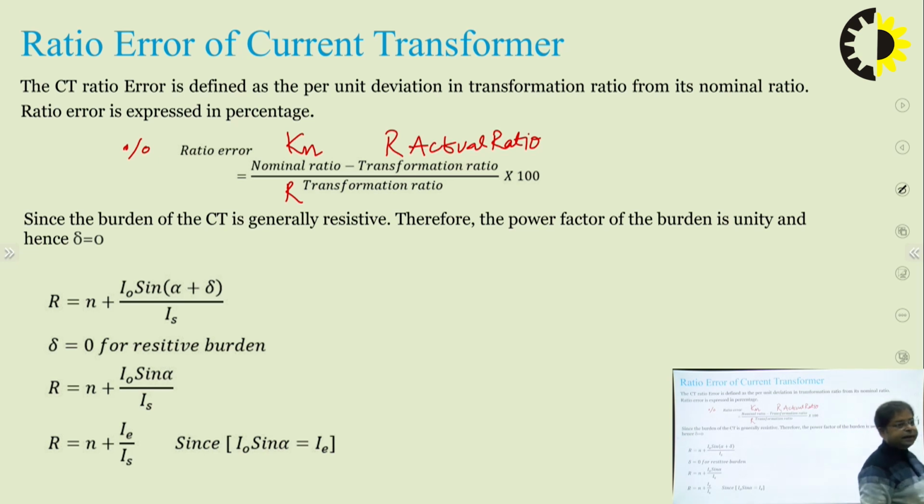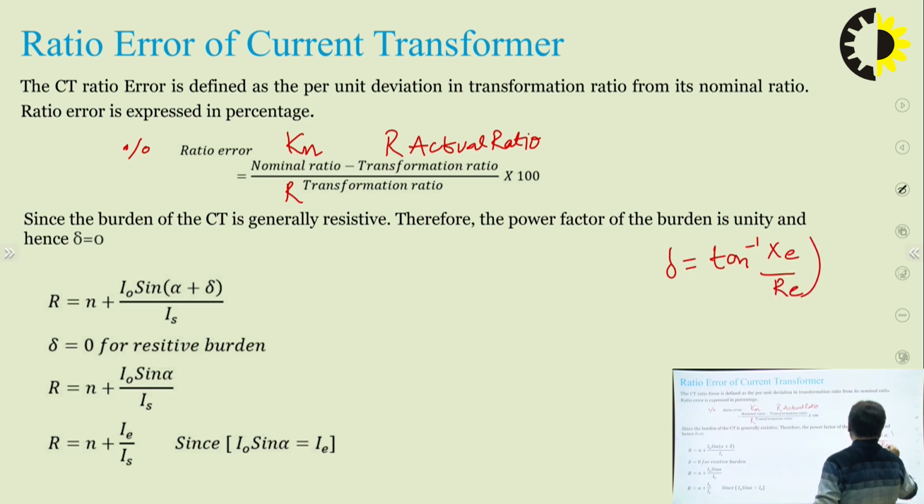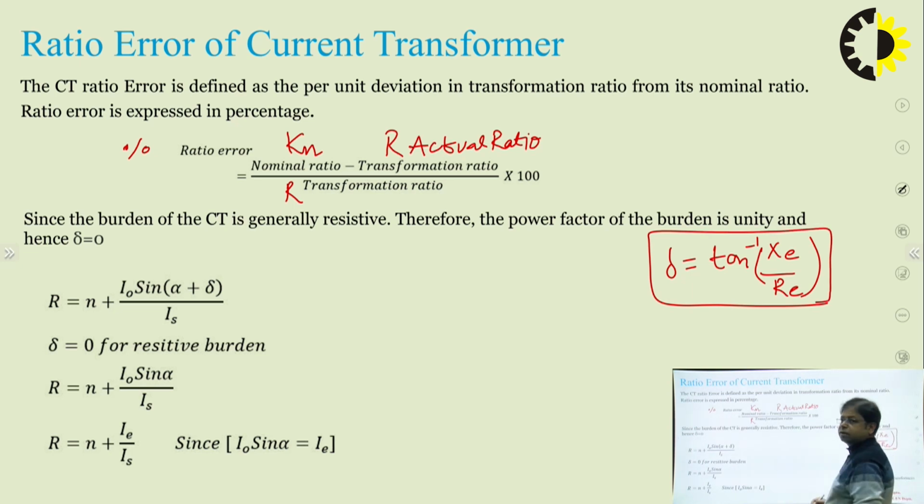Since the burden of CT is generally resistive, the power factor of the burden is unity and delta becomes 0. For a load, delta will be calculated as tan inverse Xc by Is. If it is purely resistive, what will happen?